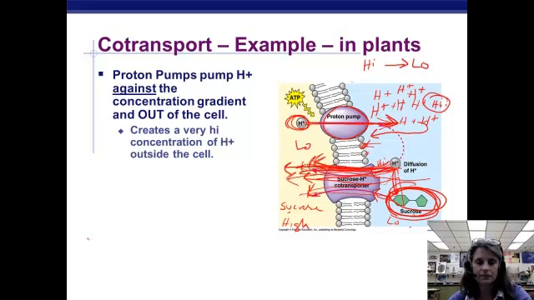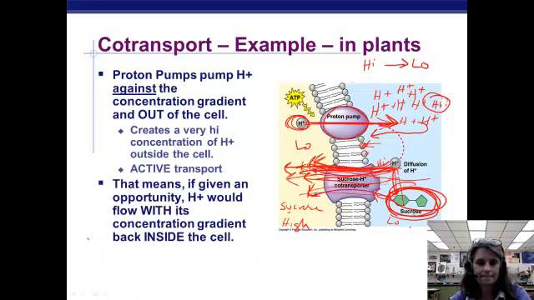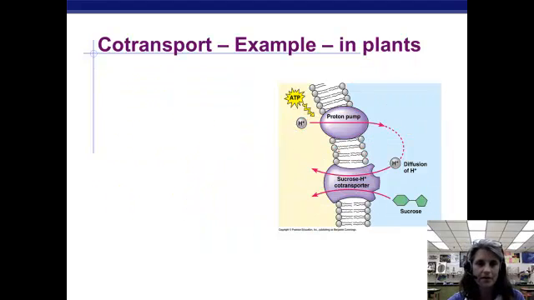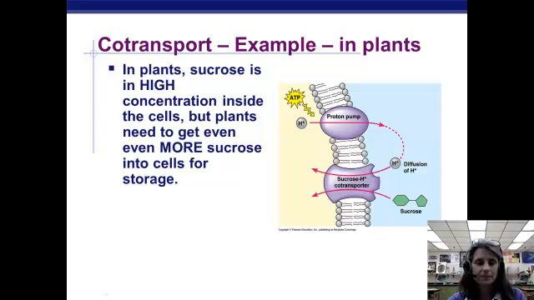Okay, and I'm sure there's lots of words here. Let me just let you get a sense of this. It creates a high concentration of hydrogen ions, active transport, that's talking about this part, and this is simply saying that if it could, the hydrogen ions would want to flow back through, but we're not going to let them get through that cell membrane. So in plants, this is talking about the sucrose down here.